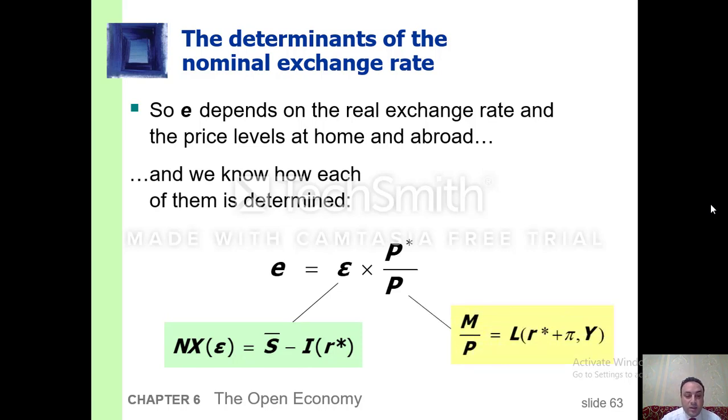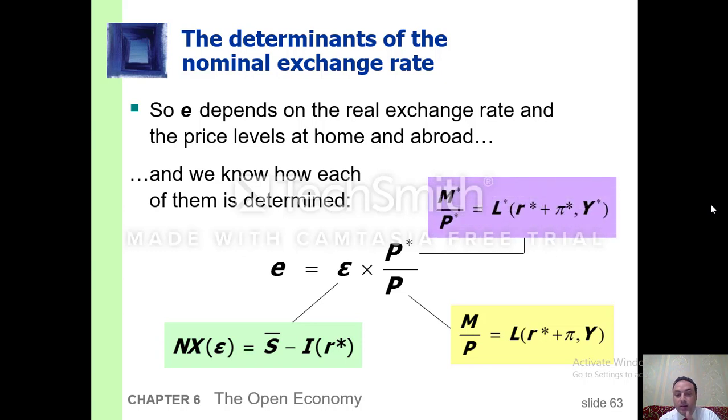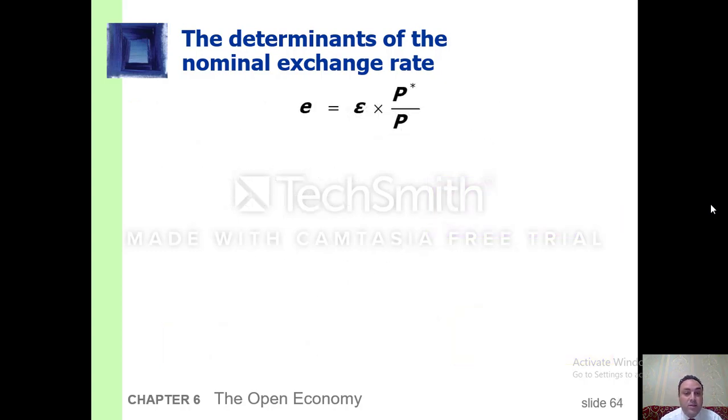As we can see, the net exports determine the real exchange rate, which equals the net capital flow, and the money balance determines the home price, which is a function of the world interest rate plus the inflation rate and the output, and the same thing with the foreign price.